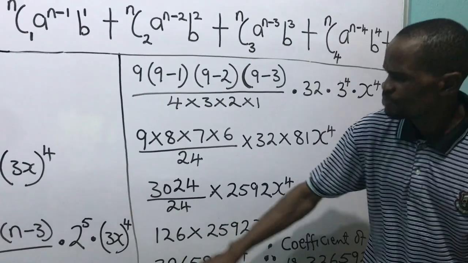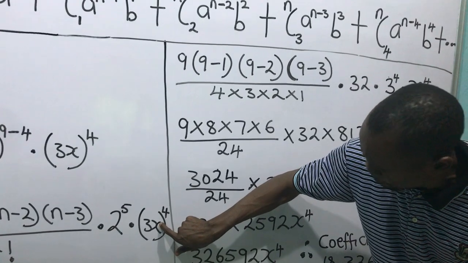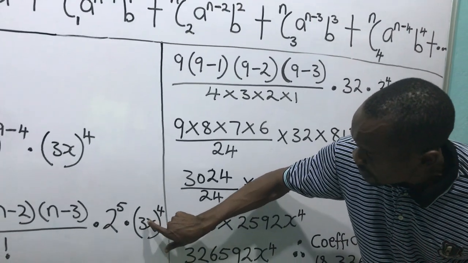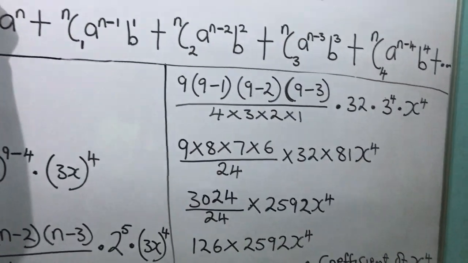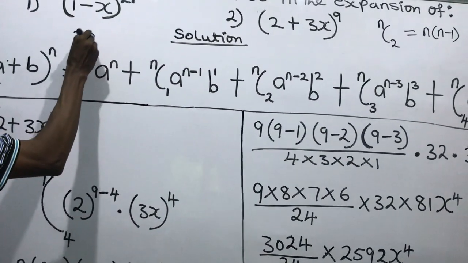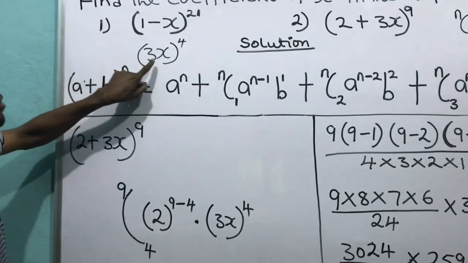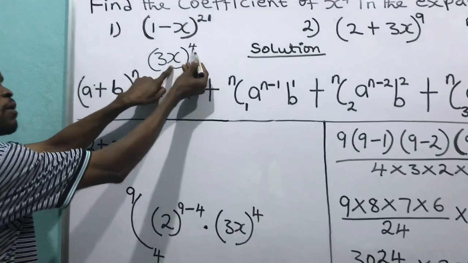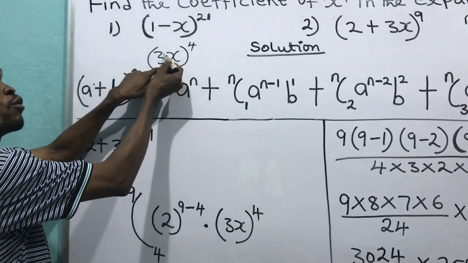When I open this bracket, this power will multiply the power of this x and also the power of 3. 3 raised to the power x. Then (3x) all raised to the power 4, if I open these brackets, this power will multiply the power of x and of 3.